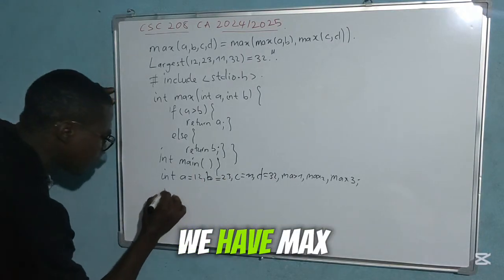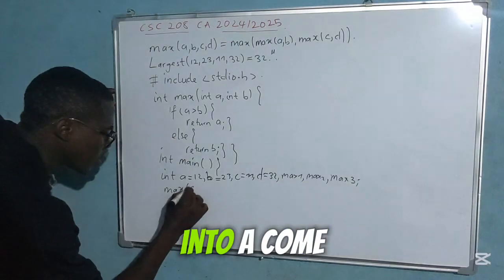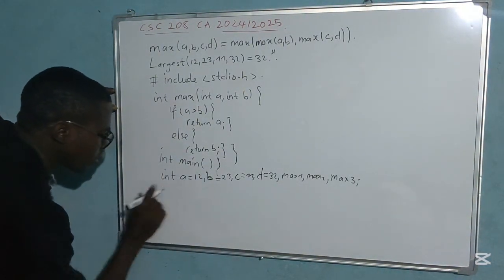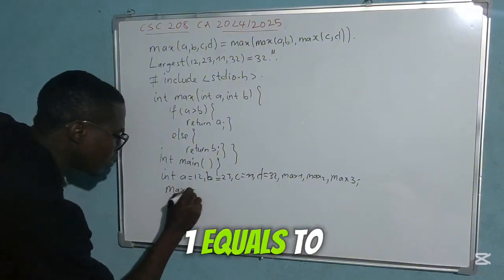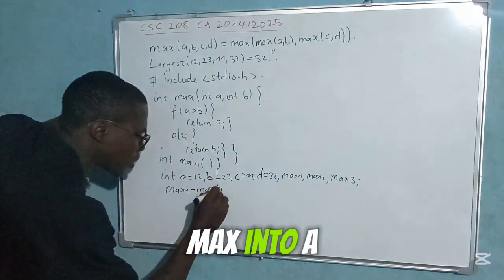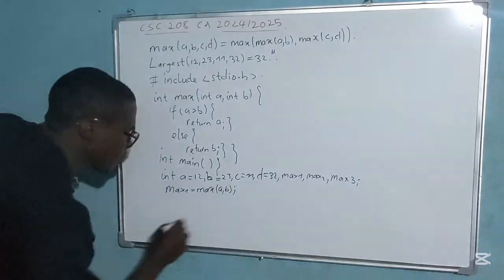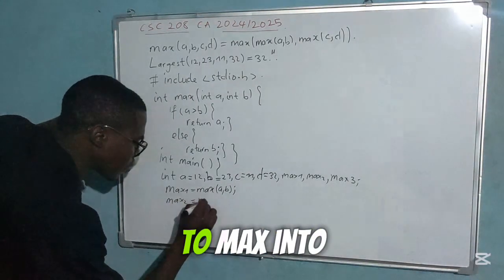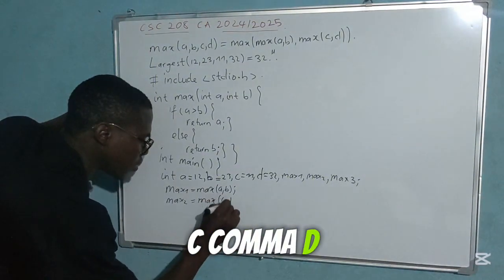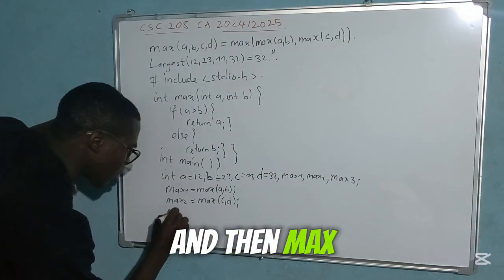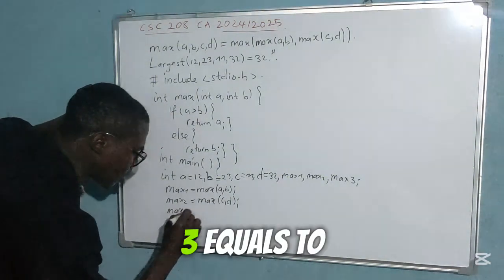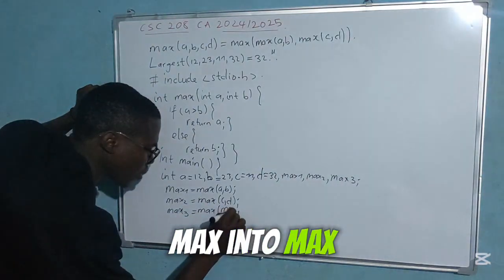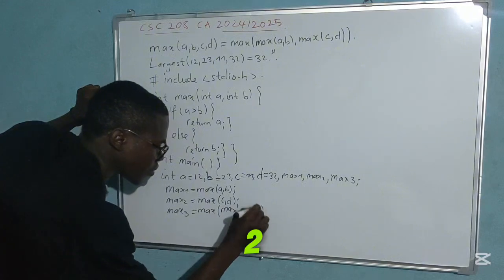So we have max 1 equals max into A, B. Max 2 equals max into C, D. And then max 3 equals max into max 1, max 2.